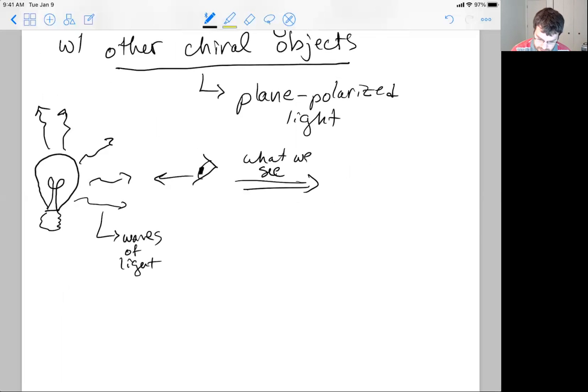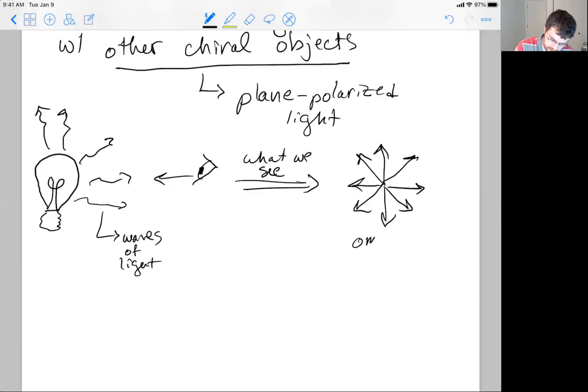Well, we kind of see light going in all directions. Call this omni or multi-directional light. It's bright, right? There's just so many light waves.